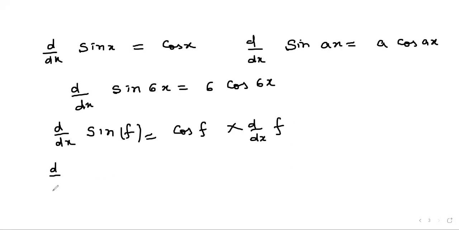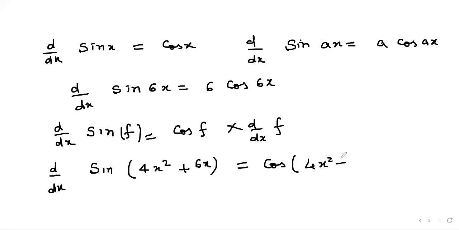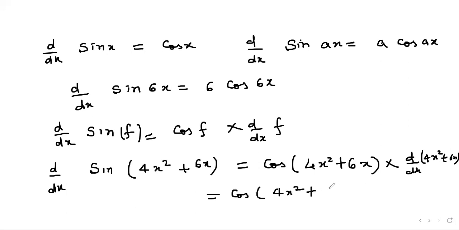Let's see, d upon dx of sine of, suppose it is 4x squared plus 6x. So as per the rule, it will become cos of 4x squared plus 6x times d upon dx of 4x squared plus 6x. So it will become cos of 4x squared plus 6x times, the derivative of 4x squared plus 6x is 8x plus 6.